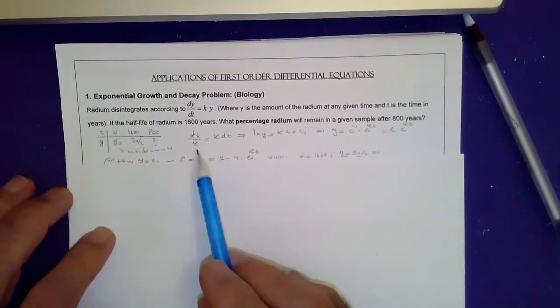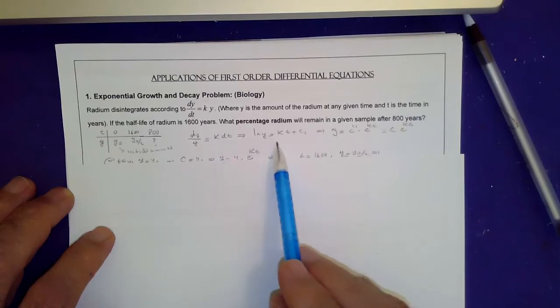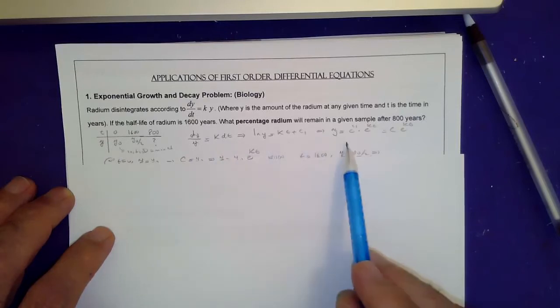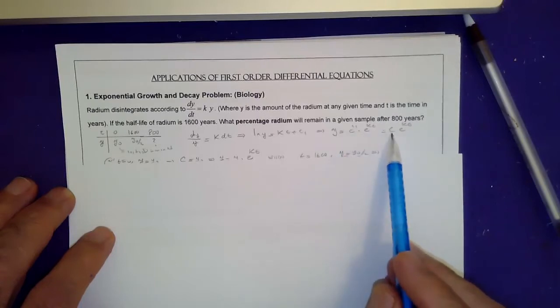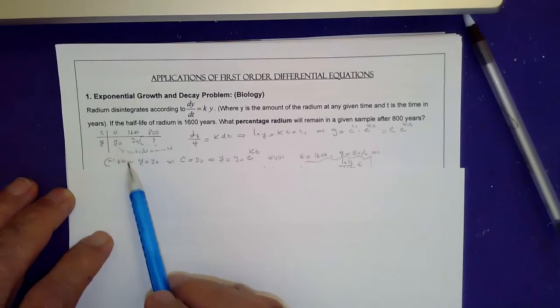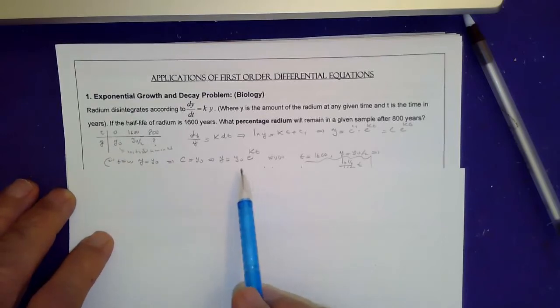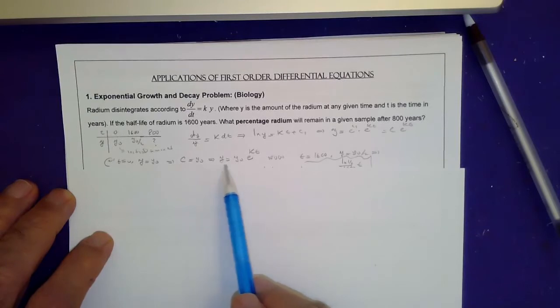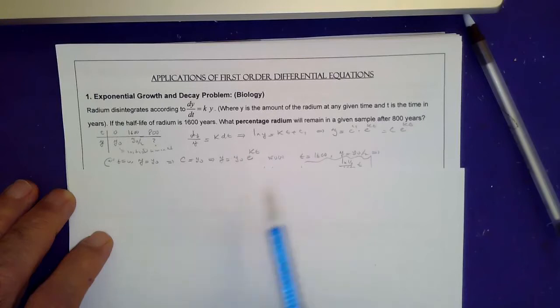So if you solve dy, separate the variables, dy over y equals k dt, so you get this, exponentiate, you get this. Let e to the c1 be c, so impose the initial condition at time 0, y is y sub 0, so you end up with c equal to y sub 0. So now the mathematical model looks like this.